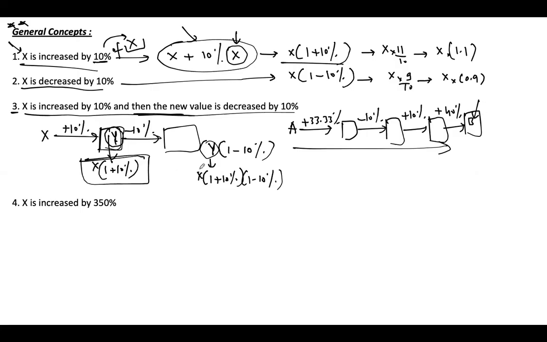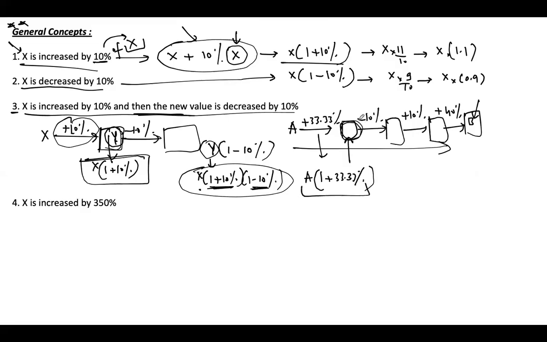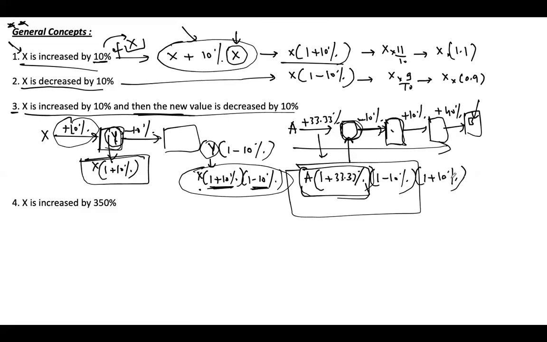So A into 1 plus 33.33%. You have reached here. Now this whole value is decreased by 10%, into 1 minus 10%. Now you have reached here. This value is getting increased by 10%, so into 1 plus 10%.